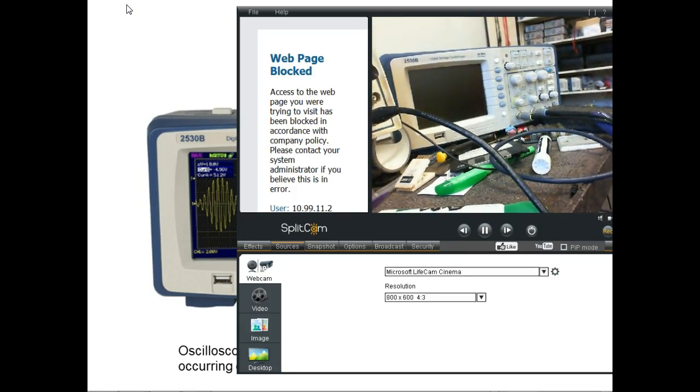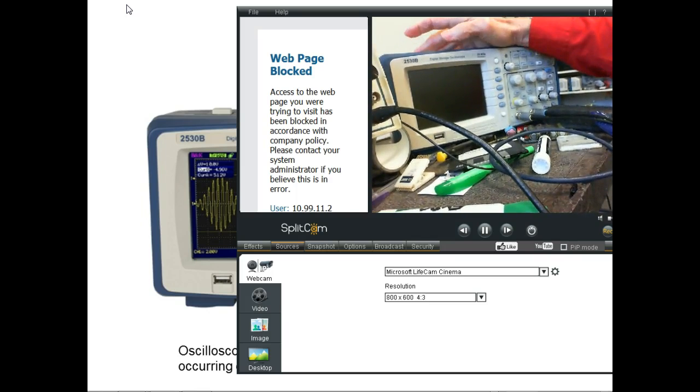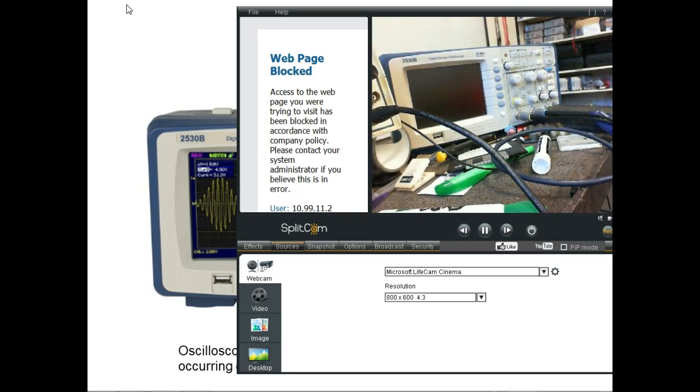So this is an oscilloscope. And I got a plug somewhere.